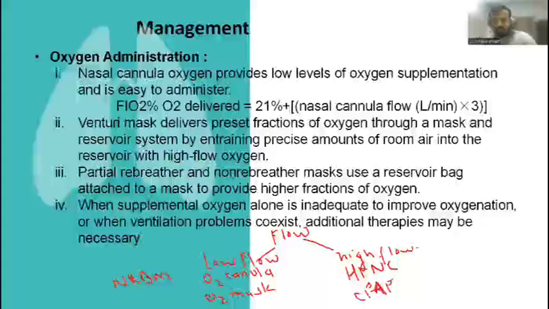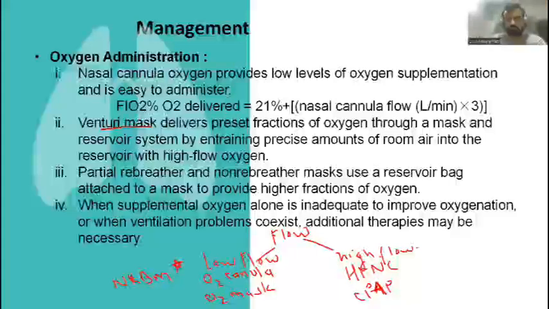So these both are high flow devices, and you have to remember the NRBM is a low flow device. Now, there is another system known as the Venturi mask. This Venturi mask has a color-coded valve, and it selects the flow that is delivered.